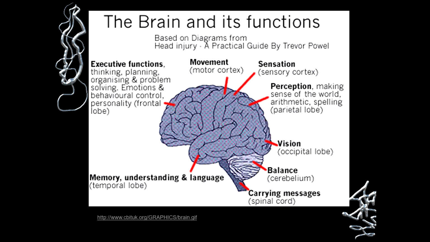Just kidding. Vision comes from the occipital lobe. Then comes balance, we were just discussing, the cerebellum. Then carrying messages to the spinal cord. Memory, understanding and language, that's the temporal lobe, which you must be currently using to interpret my language, my words.